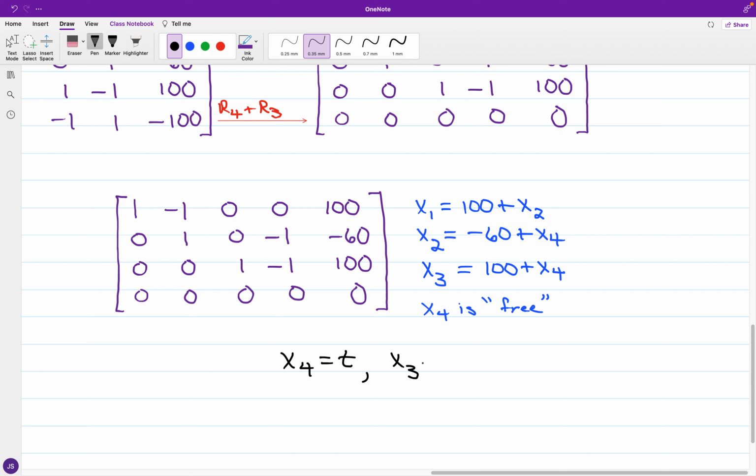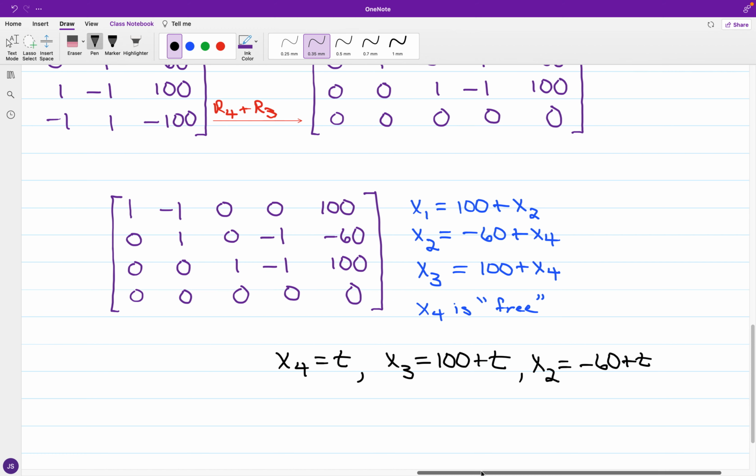Just taking what we have in reverse, for x3 we have 100 plus x4, which is going to be t. And we have that x2 is equal to negative 60 plus t.